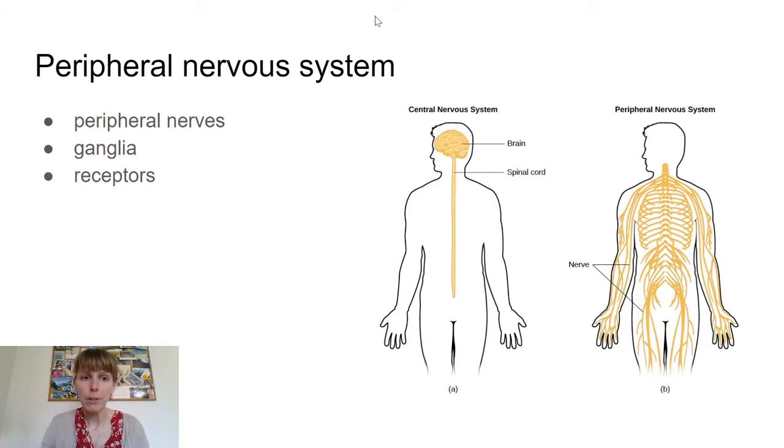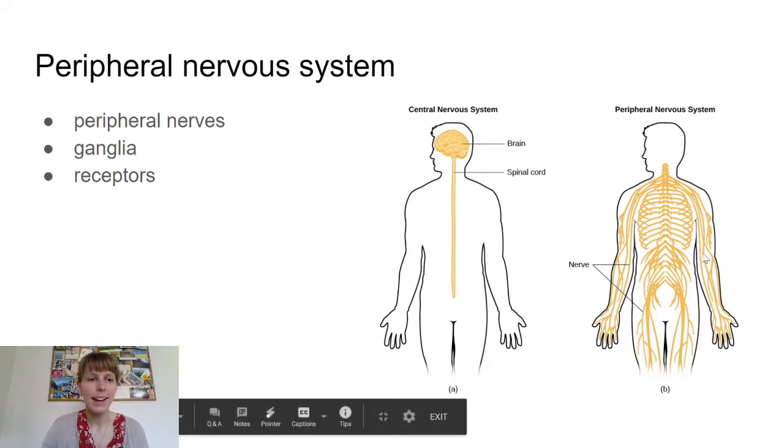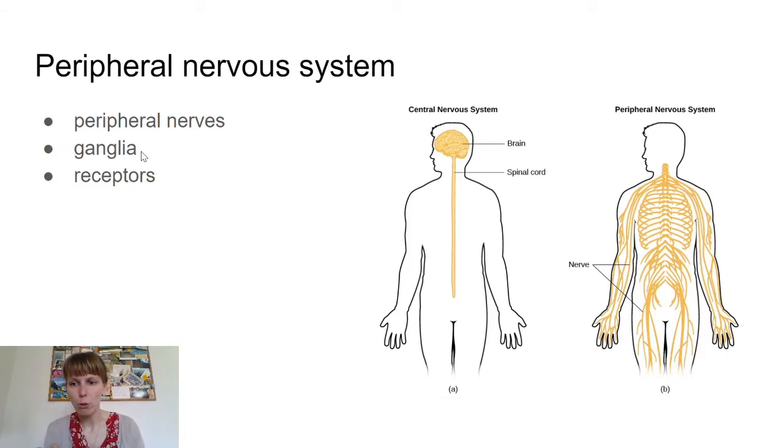Peripheral nerves are all the axons, groups of axons that are going from the central nervous system and into the central nervous system. So all of these yellow lines, and ganglia are groups of cell bodies in the periphery.